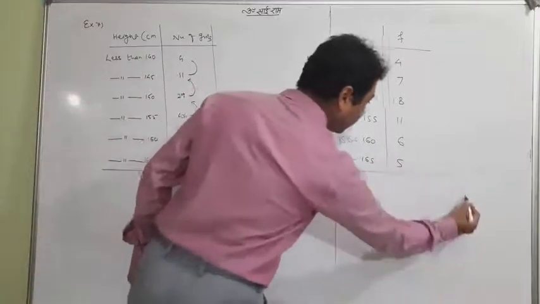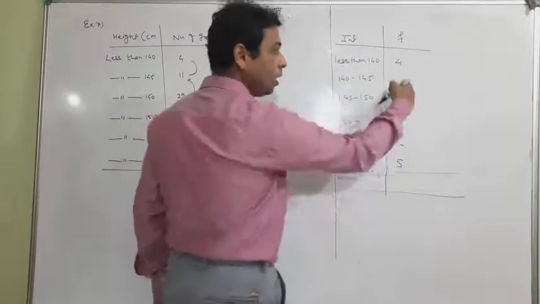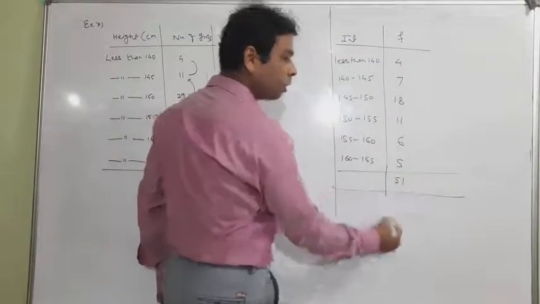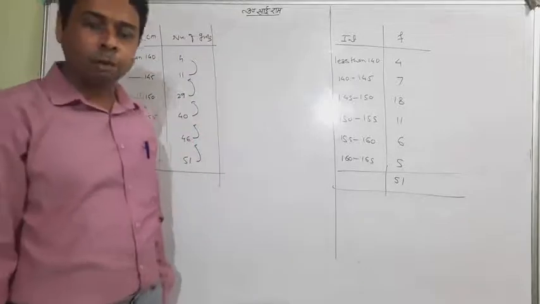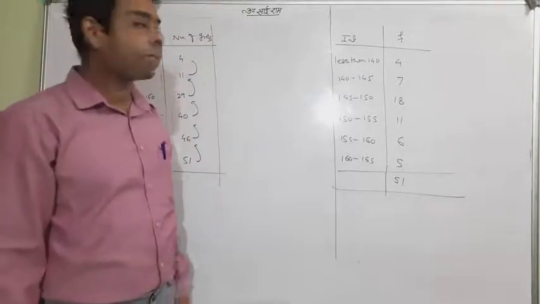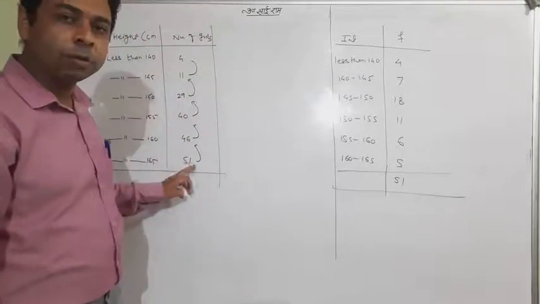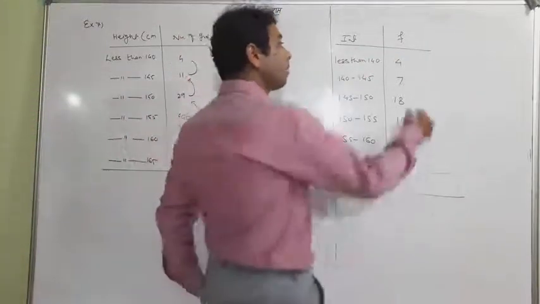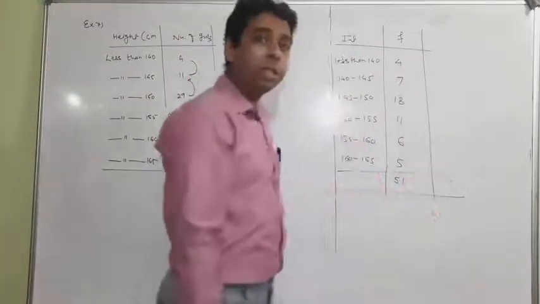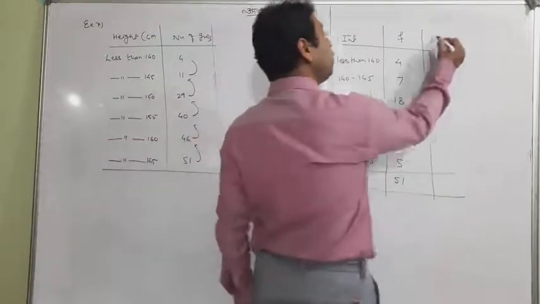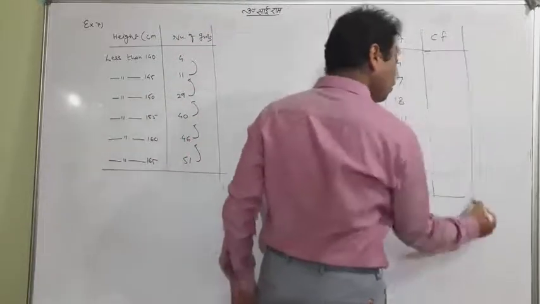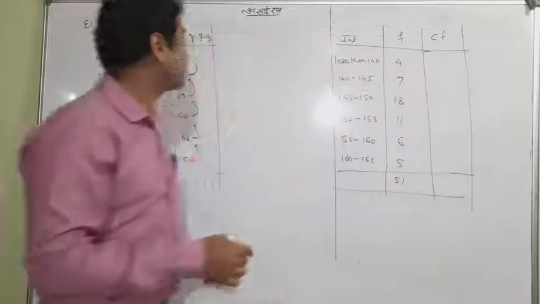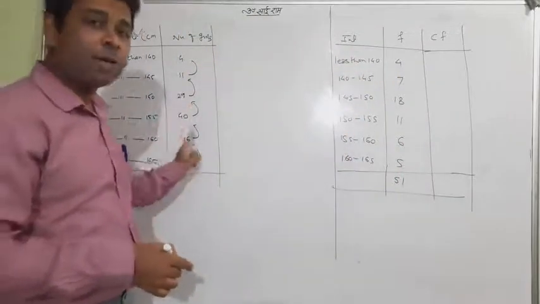If you count all the data, you will get only 51, because the number of girls was already 51. So this is frequency, and don't be surprised, we want to find the median for that data. If you go with CF now, CF will be none other than this.